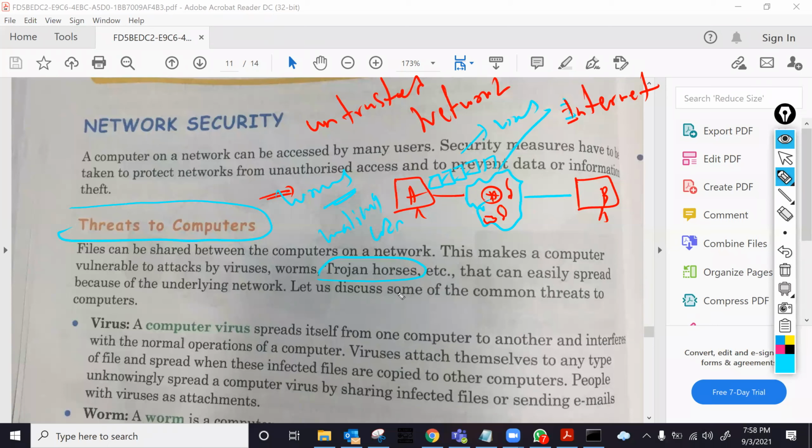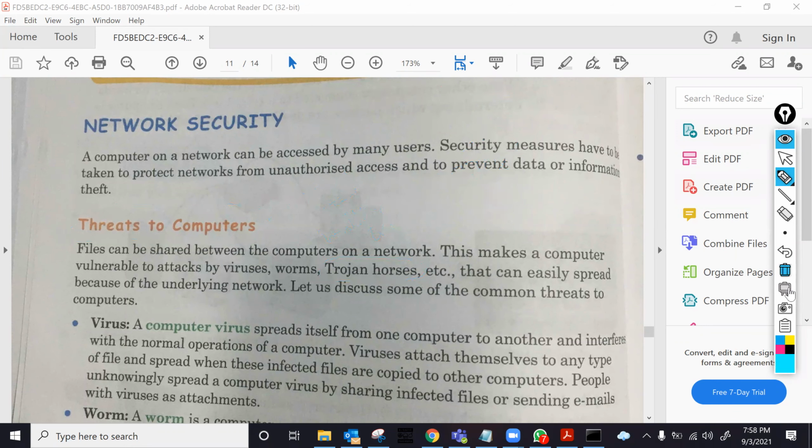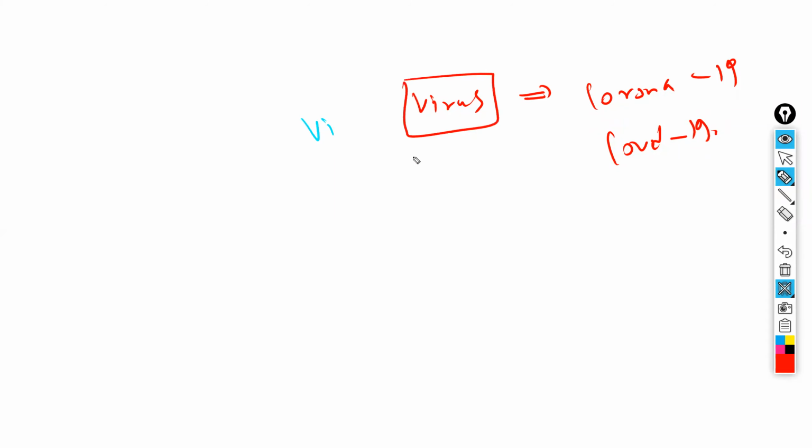Let us discuss some of the common threats. Normally, a virus is a very common one. Assuming that virus, we say coronavirus, right? COVID-19. Now, the COVID-19 virus, what will happen?